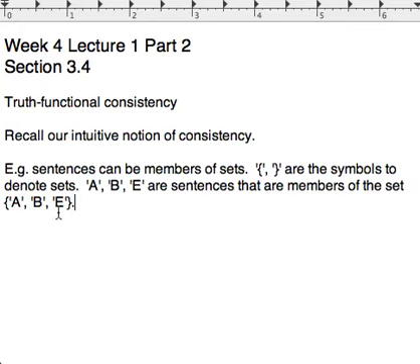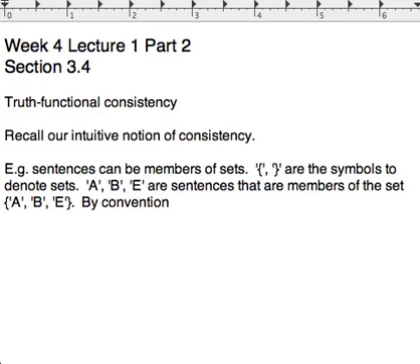But this is sometimes going to be pretty painstaking. By now we should hopefully have a good enough grasp of the difference between use and mention that we shouldn't be confused if we just write this without the quotes around the sentence letters, because it would be a pain to have to write that all the time.